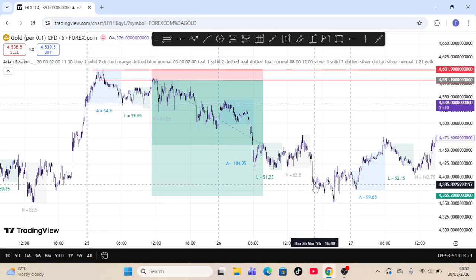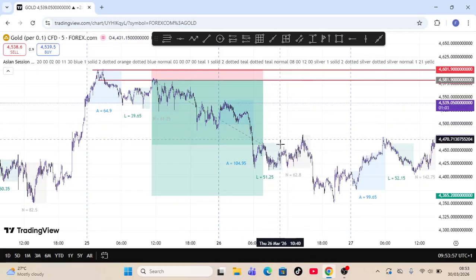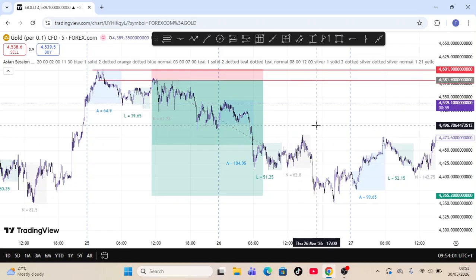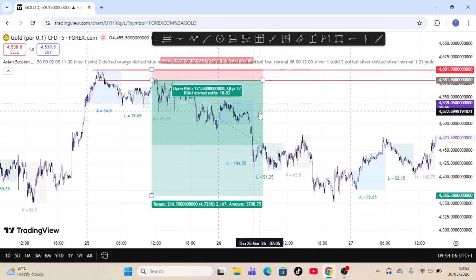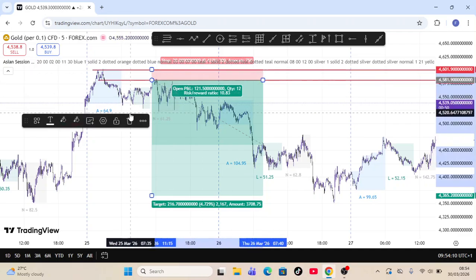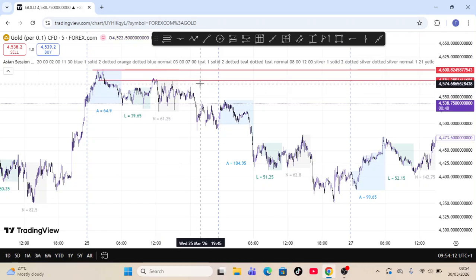That is just a 1 day trade, almost 2 days, so this is a swing trade. Let me teach you how I was able to get this trade. Let me delete it and we'll break it down one by one.